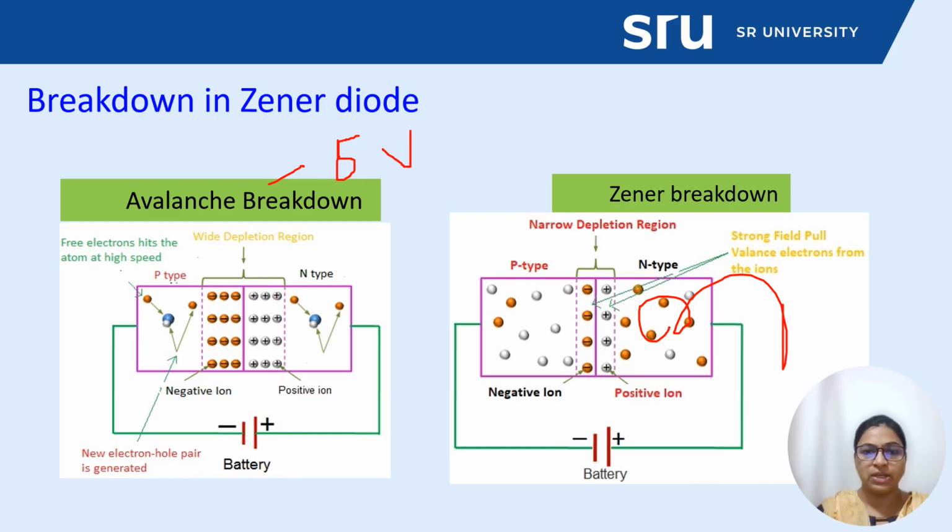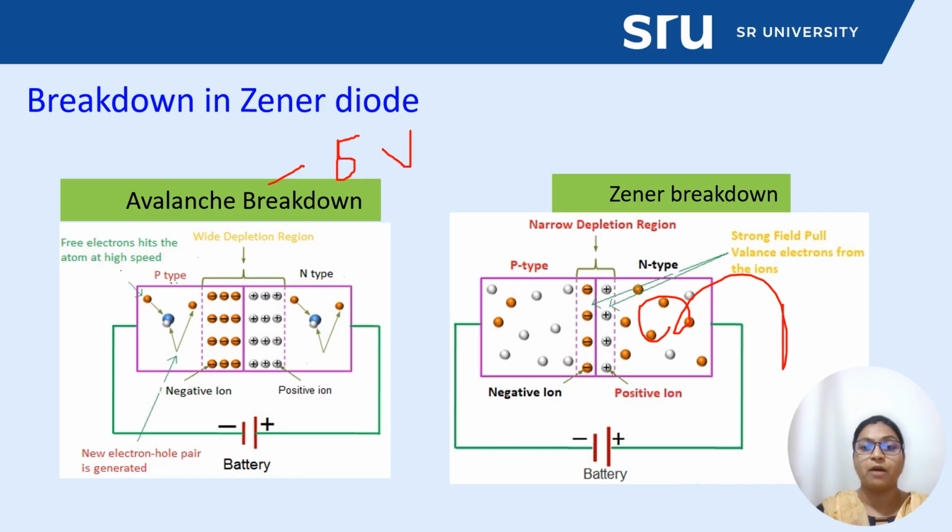It is actually connected in reverse bias. The P side is connected with the negative terminal of the battery, and the N type is connected with the positive terminal of the battery. So a small increment of the voltage will cause the current to move very fast at the Zener breakdown position.